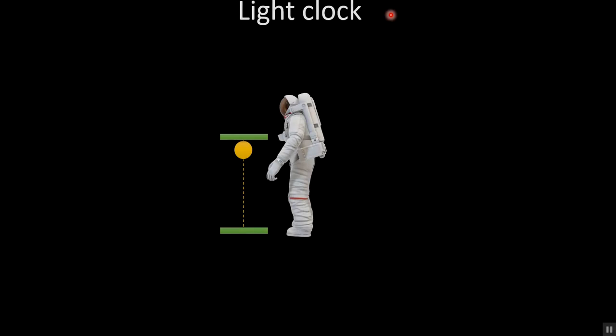Another great example of showing how time dilation works is a light clock. Here we have a light clock in space, in a vacuum, and a beam of light is bouncing between 2 mirrors. Constant, no mechanical parts. Beautiful clock. Now, from the perspective of this astronaut, time is ticking away quite normally.